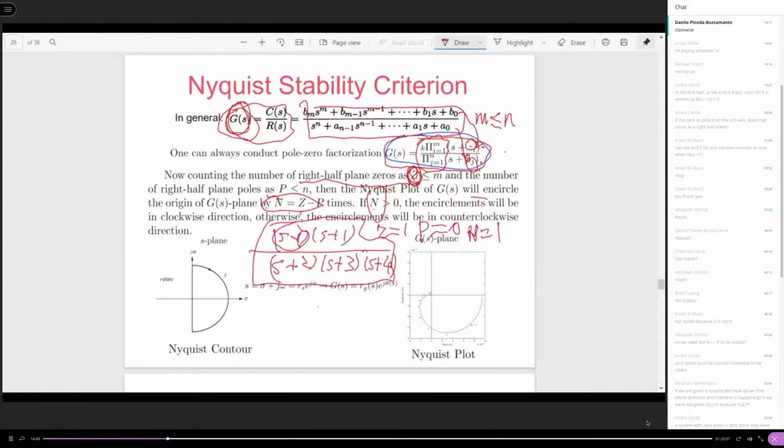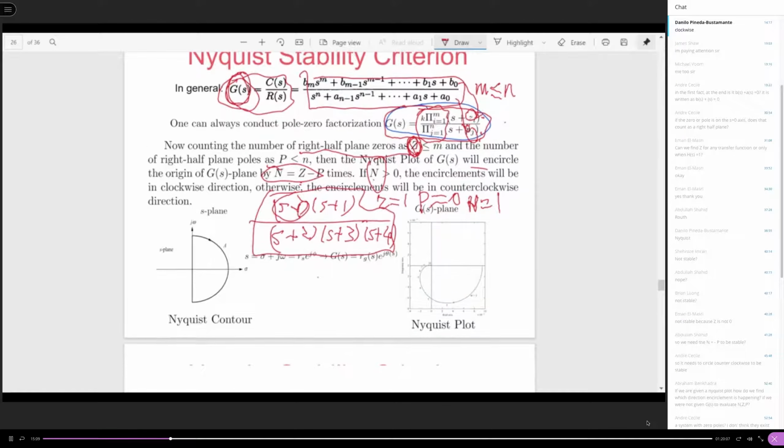The shape of the Nyquist plot does not matter. I don't care if it's a circle, a square, or any other shape. I just need to know how many encirclements there are around the origin. It is the encirclement that matters.